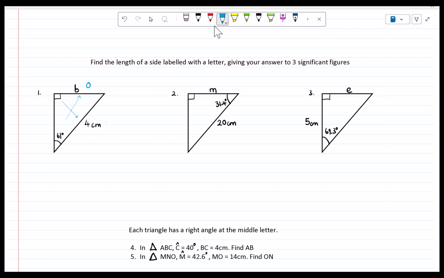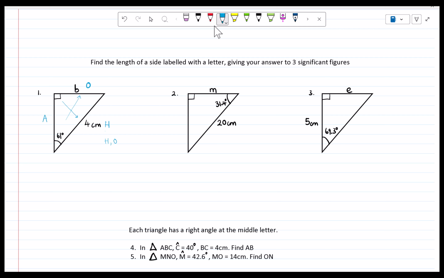The side opposite the right angle is the hypotenuse, and the remaining side is the adjacent. Looking at the information we have, we have the hypotenuse and we want to find the opposite. Now we need to decide which function we are going to make use of.